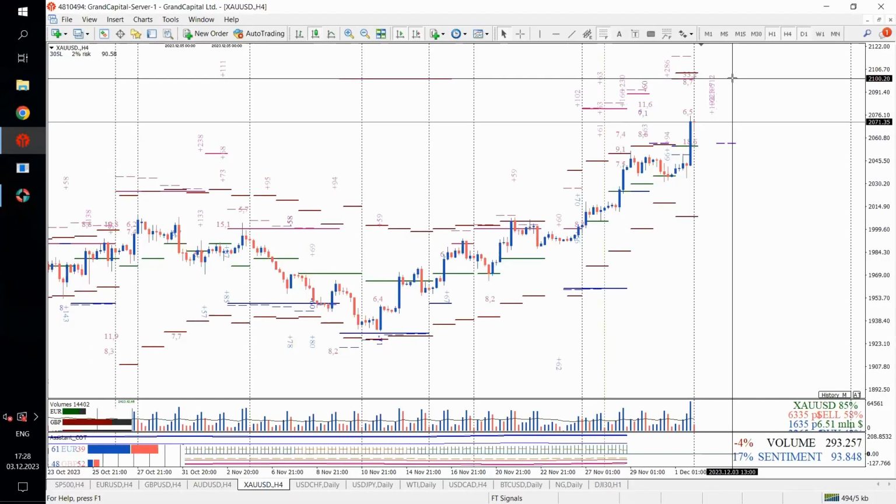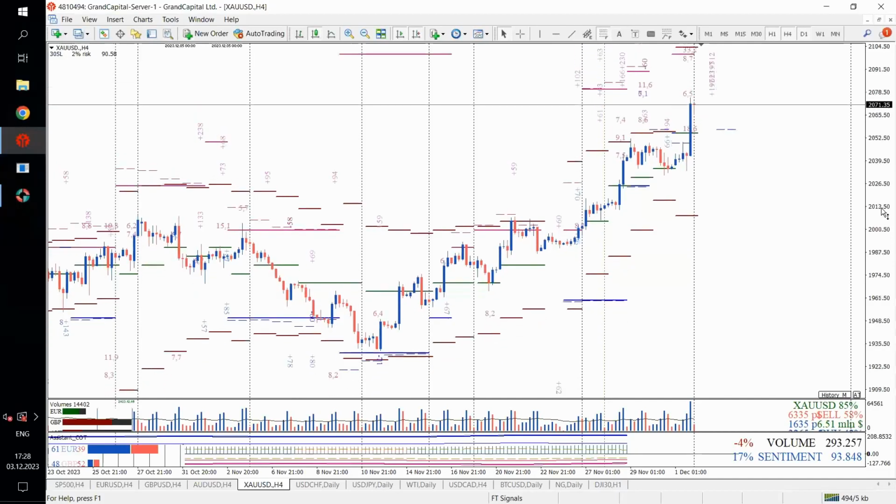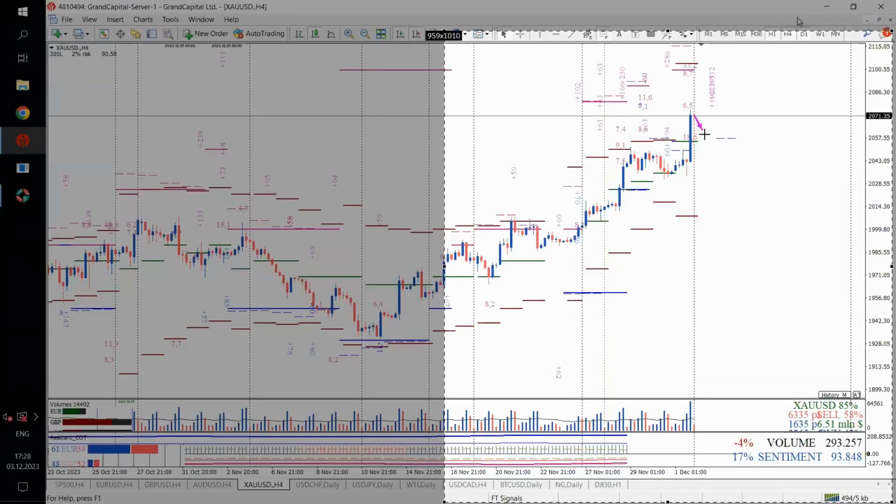Moreover, dear colleagues, even if the price goes down from the level of 2100, it will be too early to sell, because first we need to see the impulse, then the correction, and only after that make a decision. If we see the classic zigzags, then we'll be making a decision to buy at this moment.